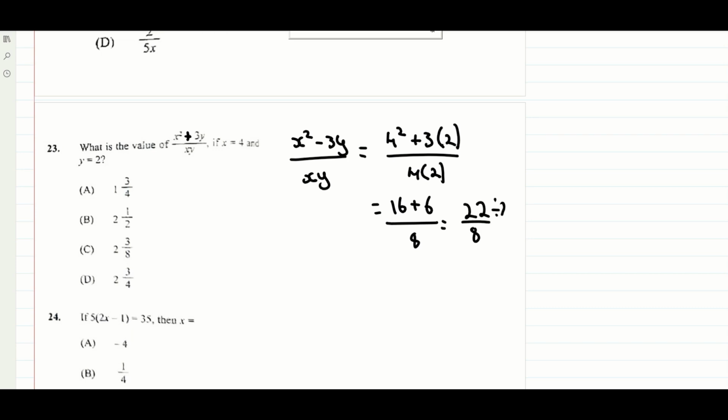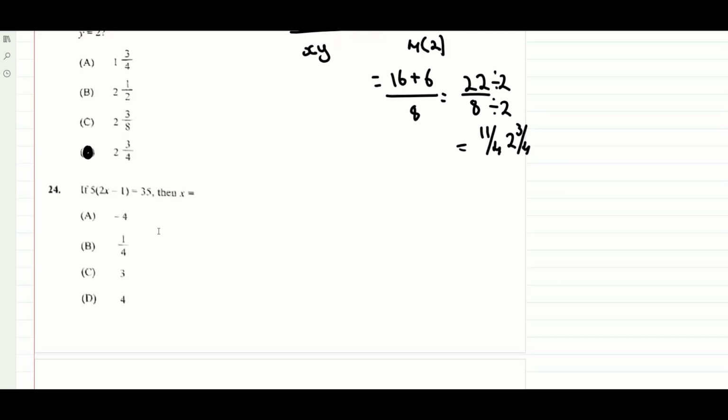Divide this by 2, divide this by 2, so you're going to get 11 over 4. 4 into 11, 2 times, 4 2s are 8, 8, 9, 10, 11. So the answer for this would be D. So again, this is supposed to be addition, right?